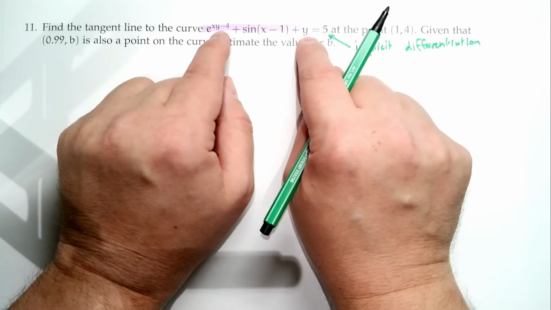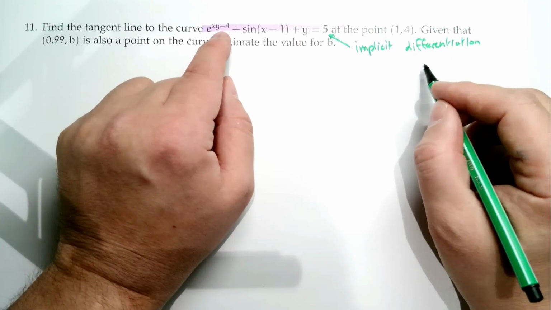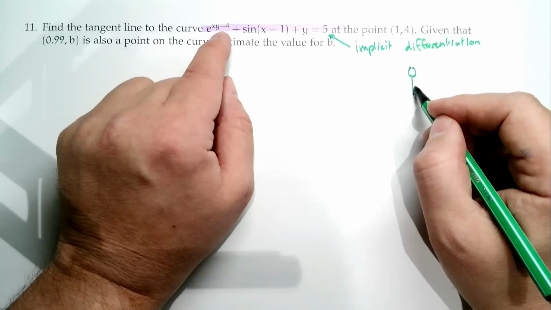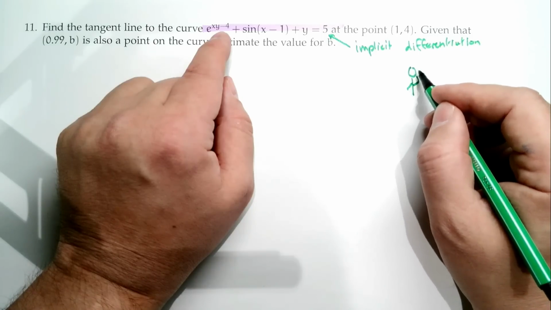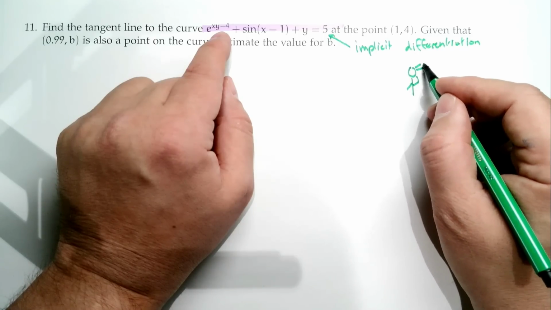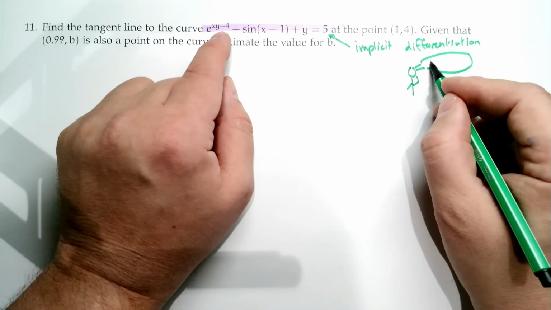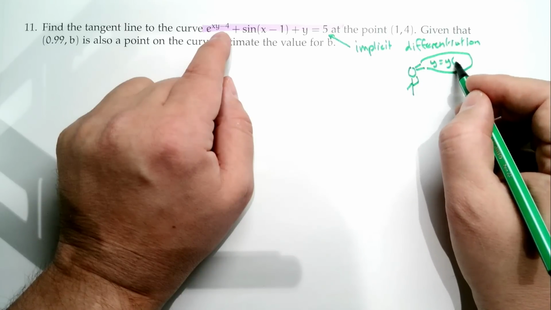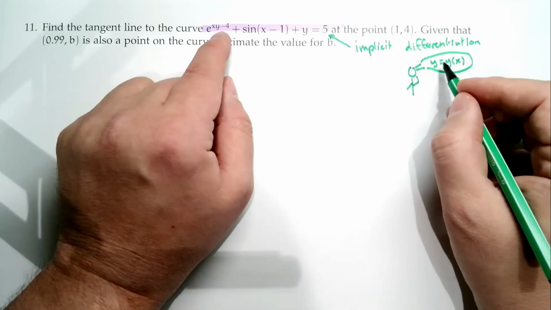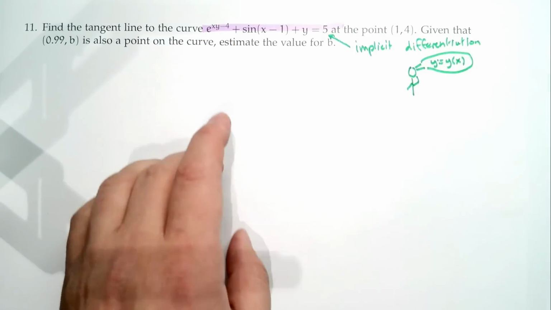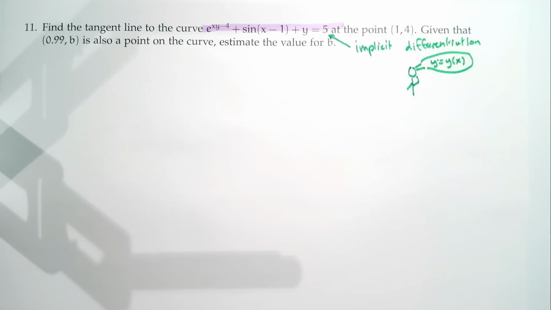So the way to do this is you're on the exam, and you think to yourself, what I'm going to do, and I know this is a speech bubble, this should have been a thought bubble, is I'm going to think of, every time I see a y, I'm really going to think that y is a function of x. And so that's the key.